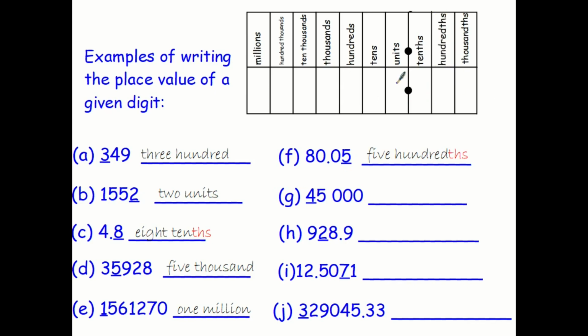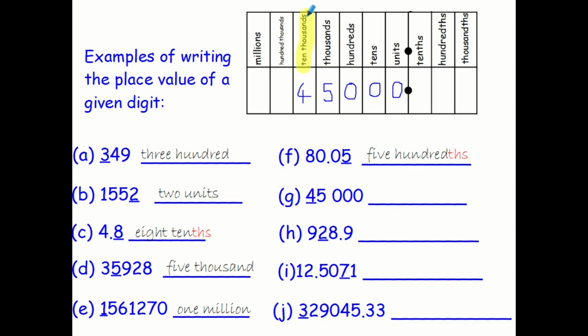Okay, what about this next one? Got no decimal point, so therefore that must be in the units column. So 0, 0, 0, 5, 4. So I can see that this is 45,000, and the underlined digit is the 4. What's the place value of that?